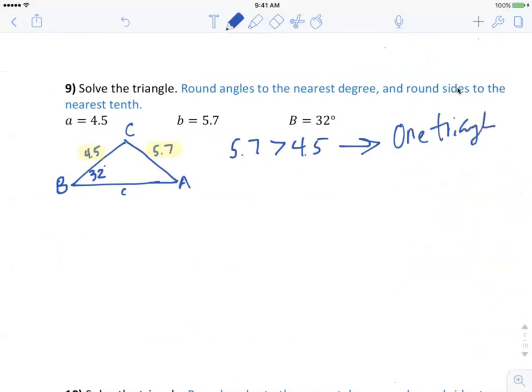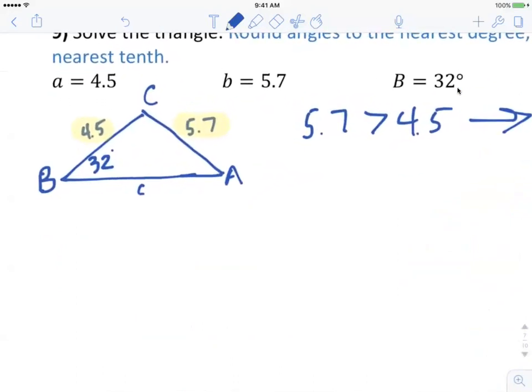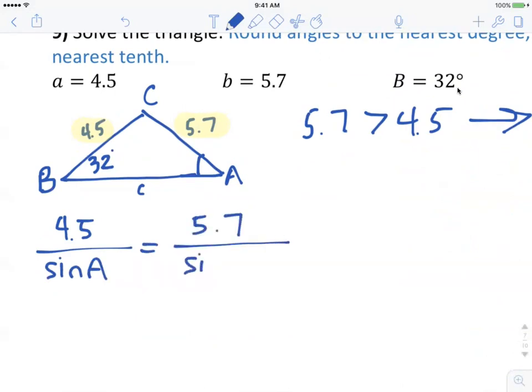So let's find it. My first step on these is let's get that angle A right there. So setting that up, I have 4.5, which is opposite that angle A, over the sine of A, is equal to 5.7, the other side given, and then opposite that is the angle of 32 degrees, the B. Okay.